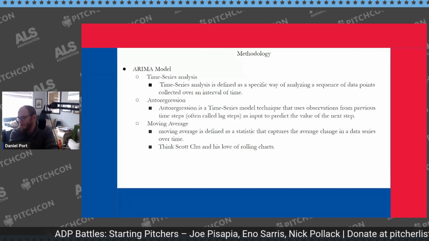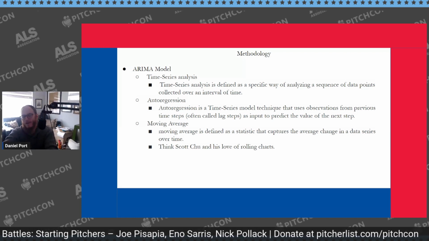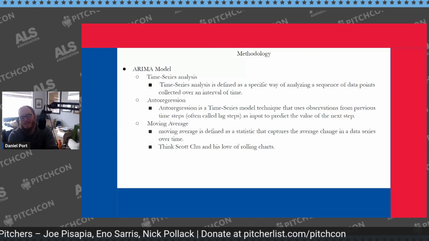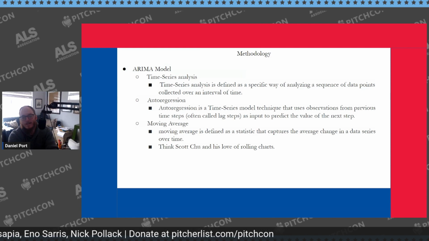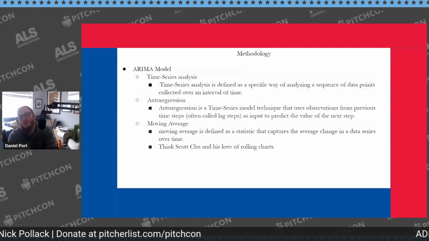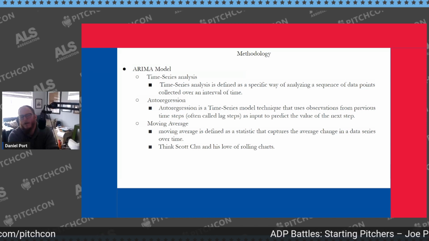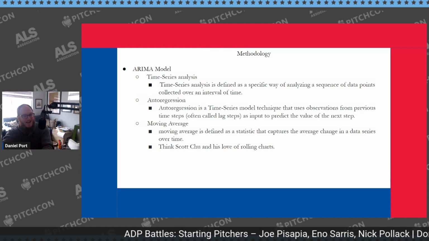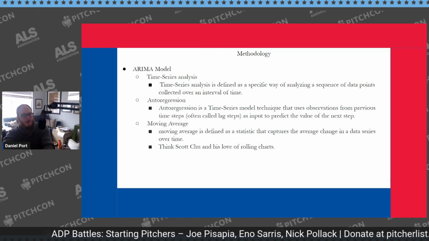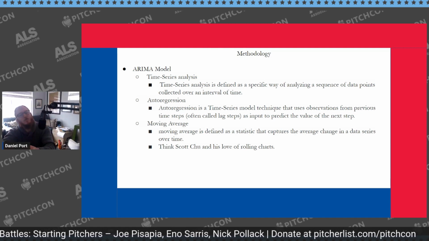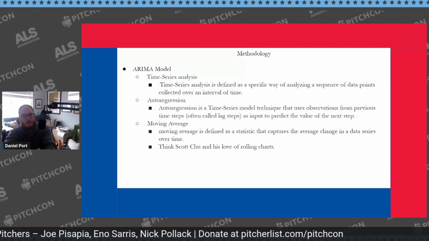That's a moving average. A rolling chart is how you show a moving average. And it's defined as the statistic that captures the average change in a data series over time. So this is going to show us how an average moves, in this case OLR, how it moves and changes over a period of time, while giving weight to the previous information that came before it.